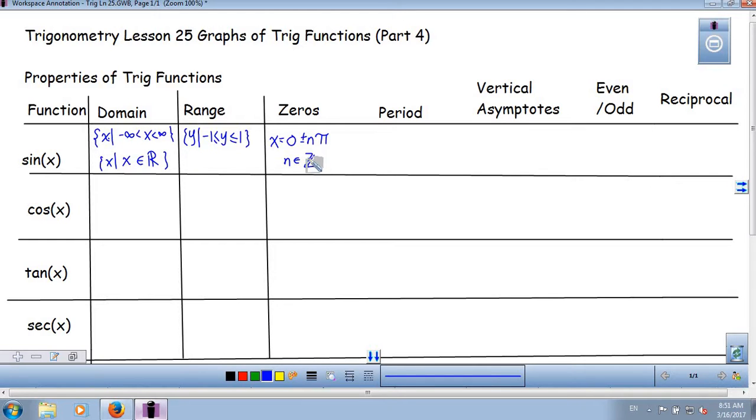The set of integers is a capitalized, stylized blackboard bold Z, which means n can start with 0, 1, 2, 3, 4, 5, 6, or n can be -1, -2, -3. So you start with 0 and you add 1 pi, 2 pi, 3 pi, 4 pi, or you can subtract 1 pi, 2 pi, 3 pi.